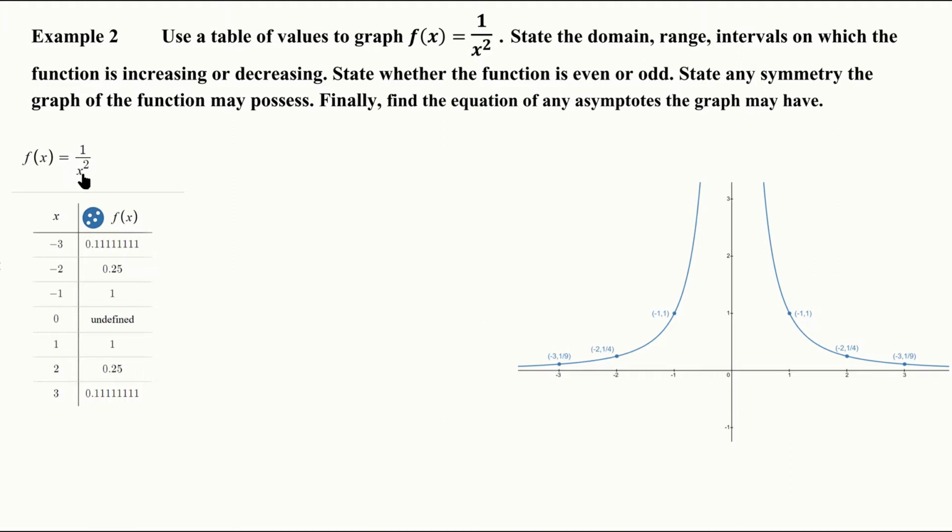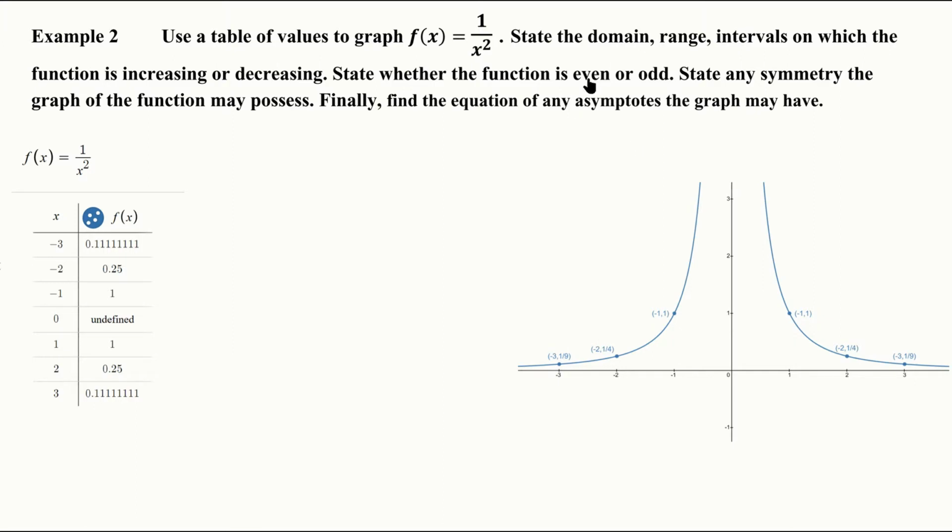We're just plugging in -2 for x, so the square of -2 is 4, so we get 1/4. And -1, 1, right? If you plug in -1 here, the square of -1 is 1, 1 over 1 is 1, so that's where this comes from. And then these work out as well. Of course, at 0 it's going to be undefined, right? That's where our vertical asymptote is going to be.